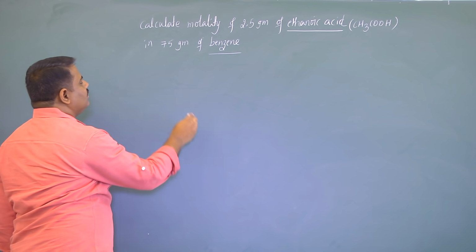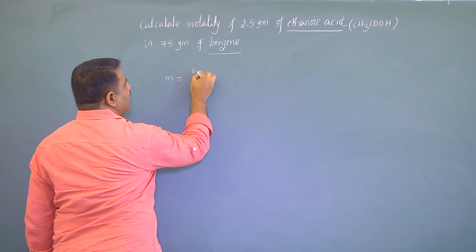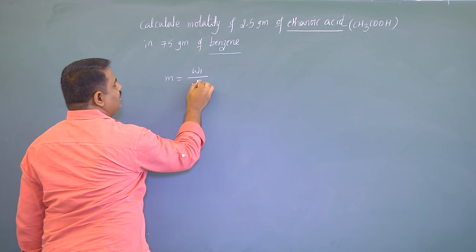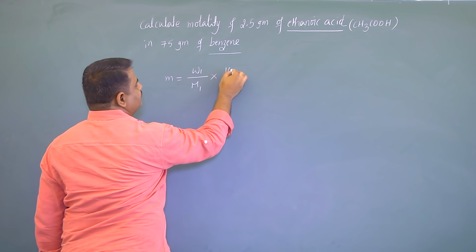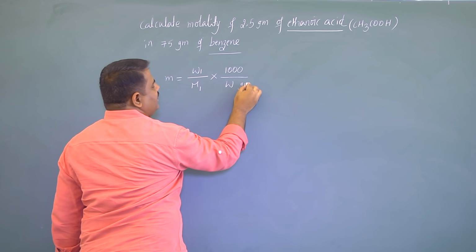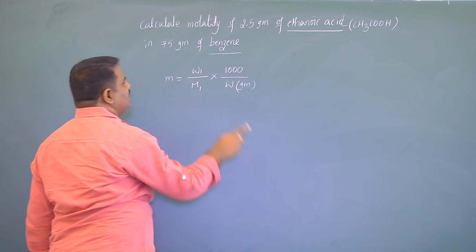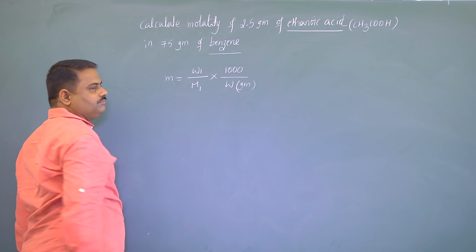Now here the molality formula is weight of solute by molecular weight of solute into 1000 by weight of solvent in grams, because weight of solvent is given in grams here.